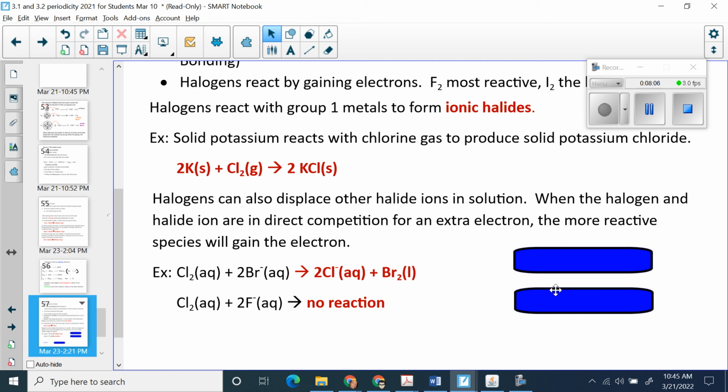So as ions, the halogens are very stable. As diatomic compounds, they are very reactive. They're sharing electrons, but they would rather have an electron on its own. As diatomic, they're sharing, but they're at much lower energy and much more stable once they have an electron.